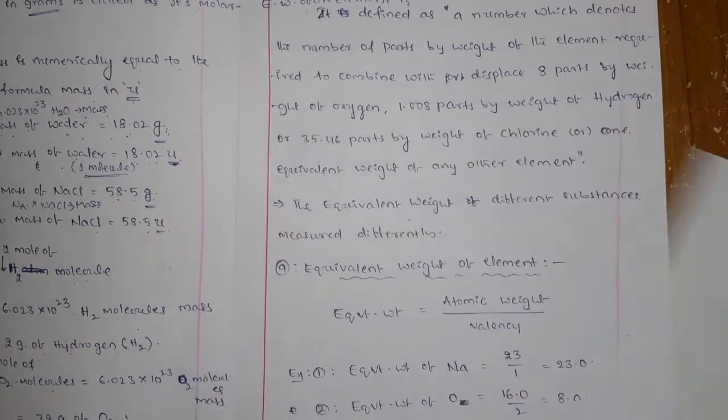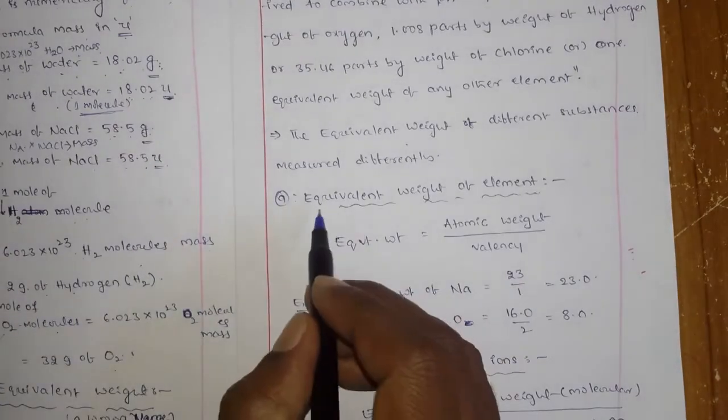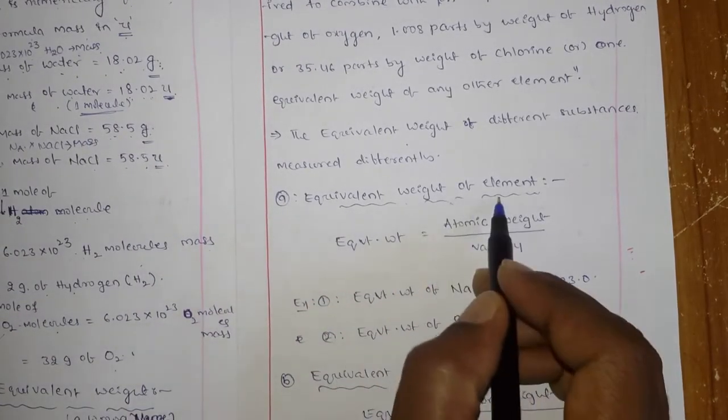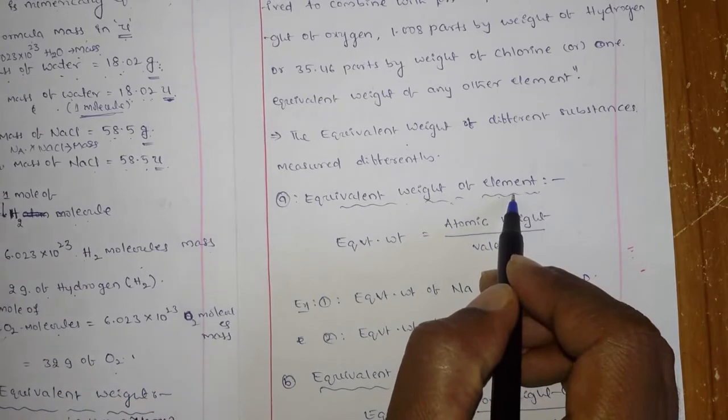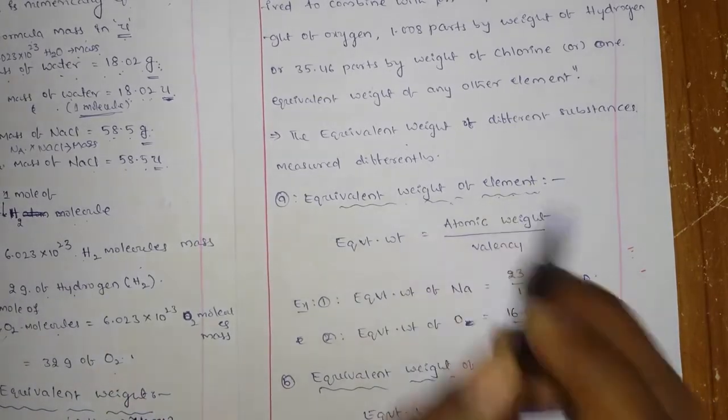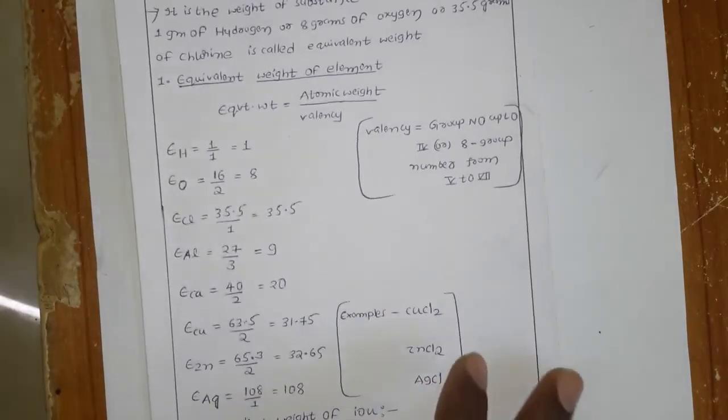First, the equivalent weight of an element, that is an atom. These examples I'll explain in separate notes.